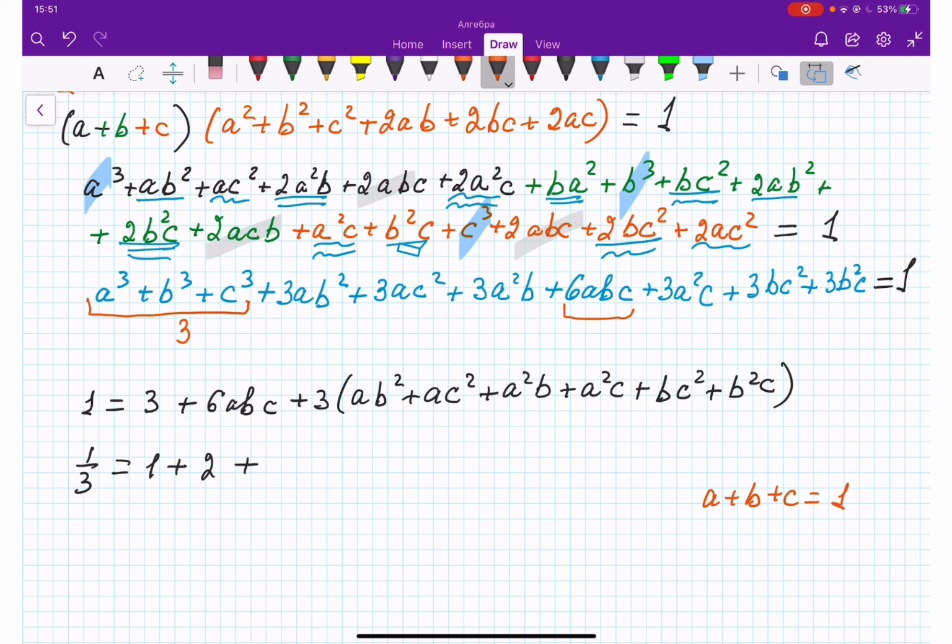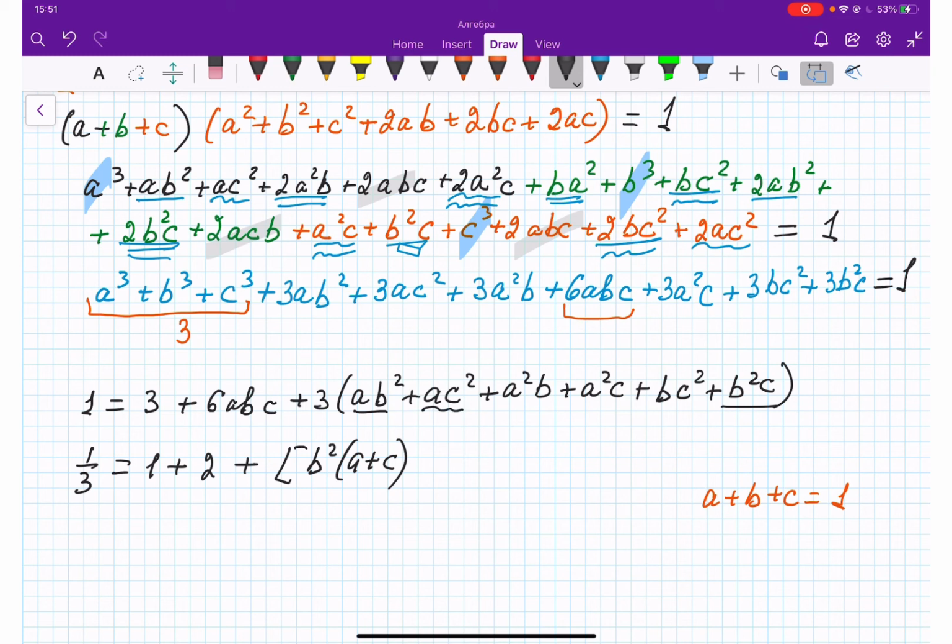Remember? Okay, so I'm going to combine these 2 parentheses. Where else is b squared? Here, b squared. I'm going to combine and take b squared out. I will get a plus c.